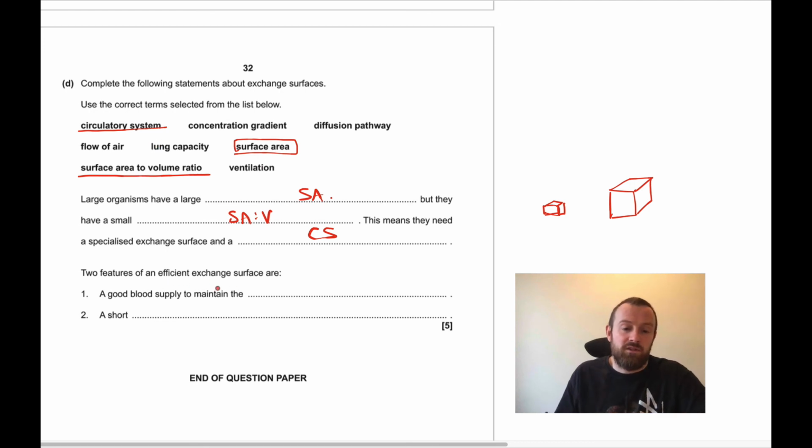And features of an efficient exchange surface are a good blood supply, which maintains the concentration gradient. Otherwise, the concentration gradient would dissipate as things diffused across whatever membrane it is. And a short diffusion pathway or diffusion distance. That's this one, dP.